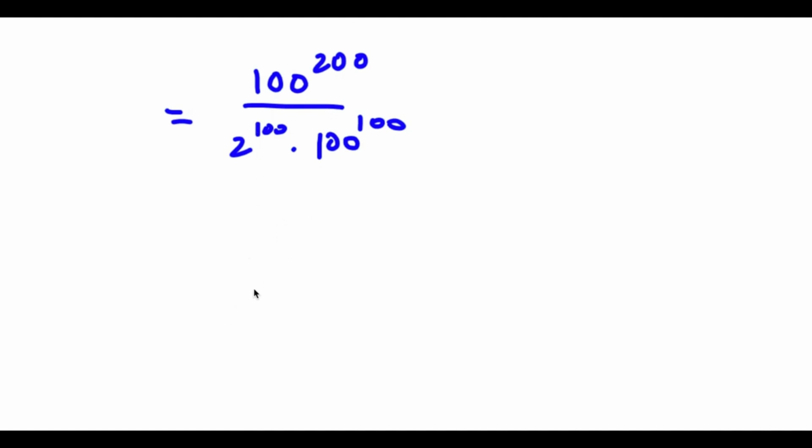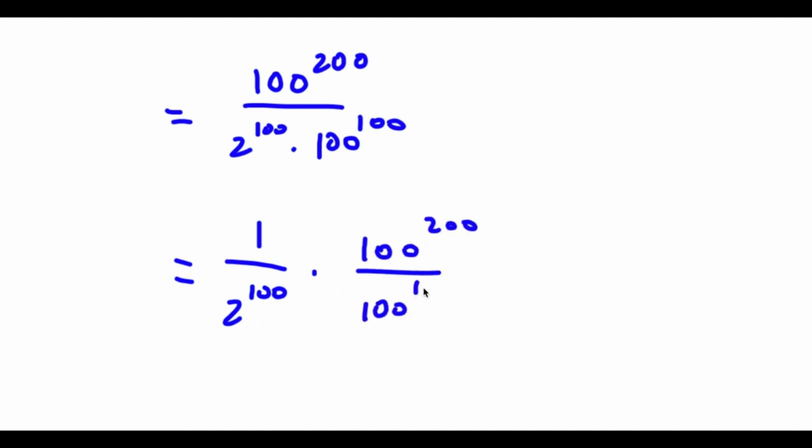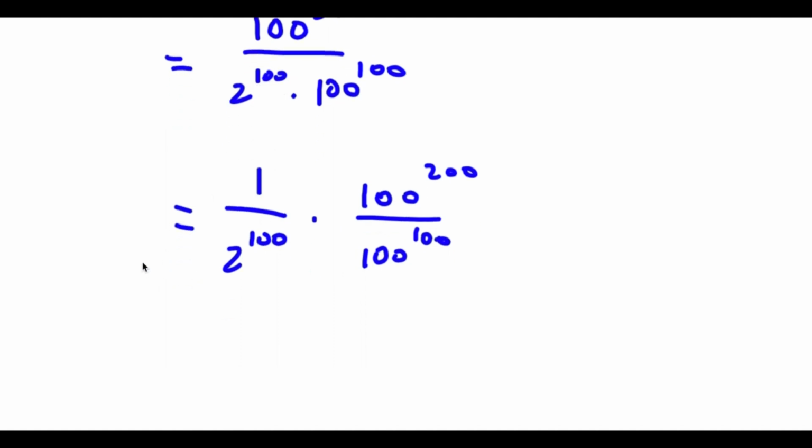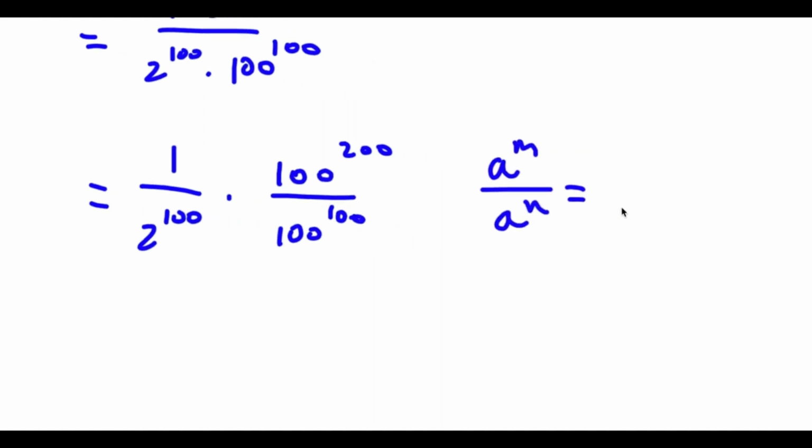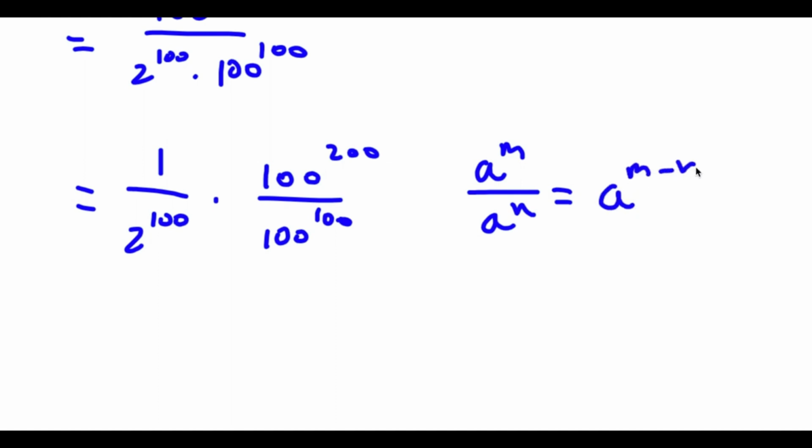Now, this is the same thing as 1 over 2 to the power of 100 times 100 to the power of 200 over 100 to the power of 100. And this is because 2 to the power of 100 is in our denominator, and anything in the denominator is the same thing as 1 over that number. So now, if I have something in the form a to the power of m over a to the power of n, this is equal to a to the power of m minus n.